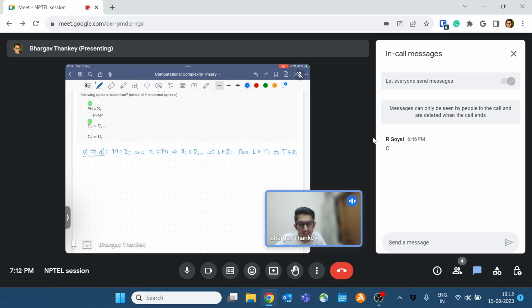Because Pi I is contained in Sigma I. And this implies L complement's complement is in Pi I, that is L is in Pi I, right? So L is in Pi I, and this is true for all L in Sigma I, right? Correct.